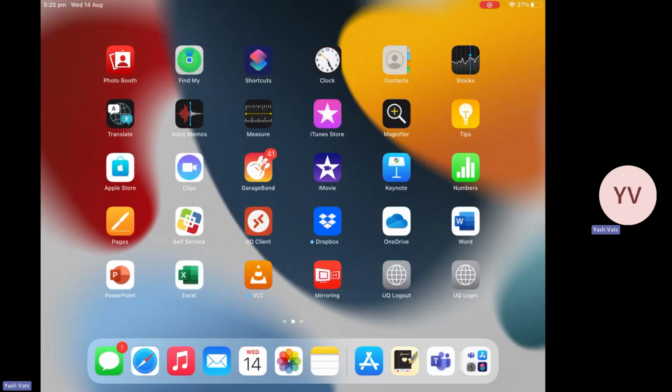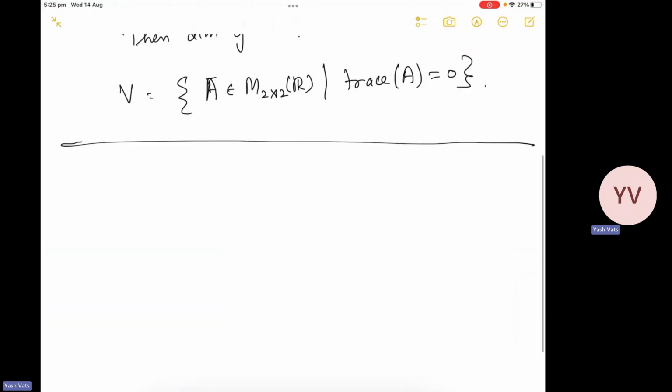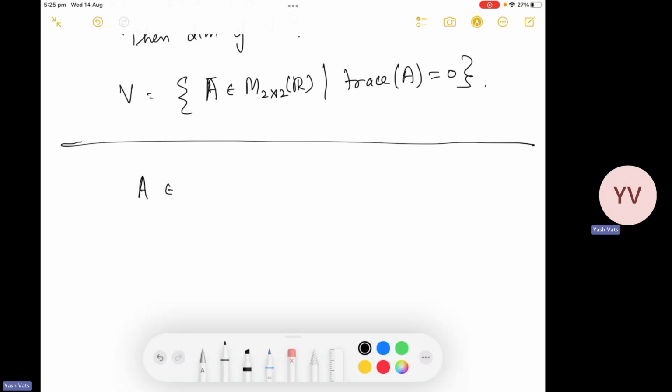Yes, what's the solution for that? Since A is in M2 by 2 R, so what does A look like? A will look like [a, b; c, d], where a, b, c, d are from R, right?